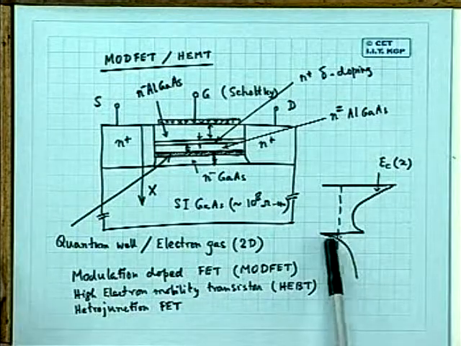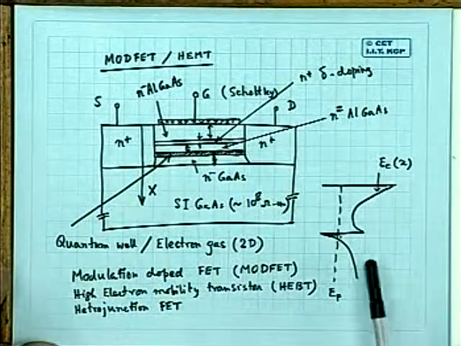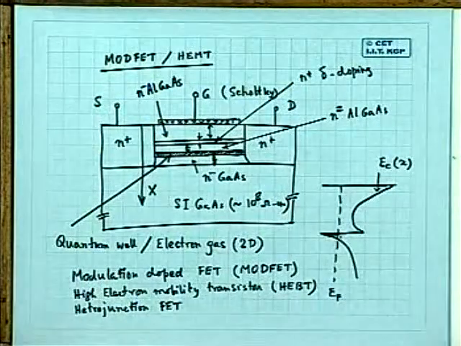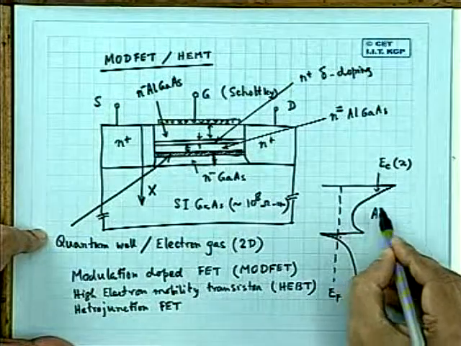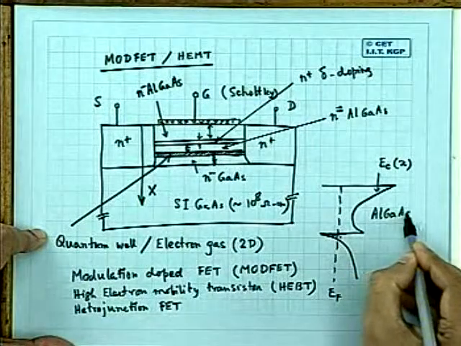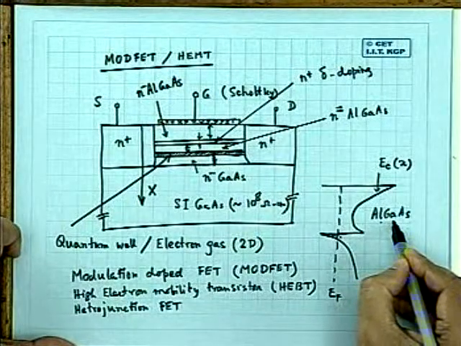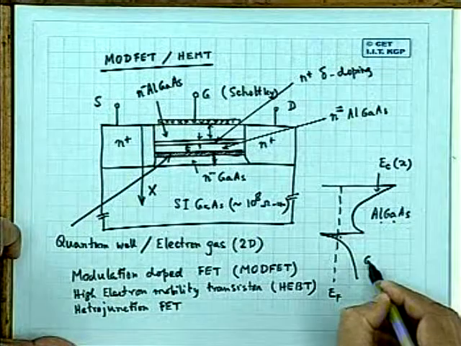But here we make intentional use of the bandgap discontinuity of the conduction band between AlGaAs, this is AlGaAs, typically 0.3 or sometimes 0.5, it depends, and this is gallium arsenide.